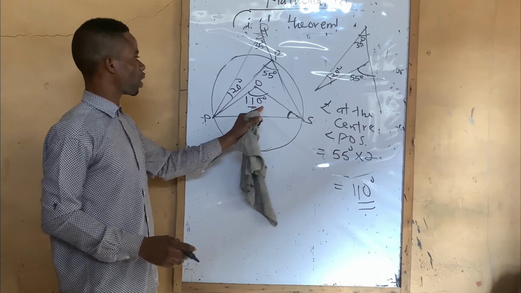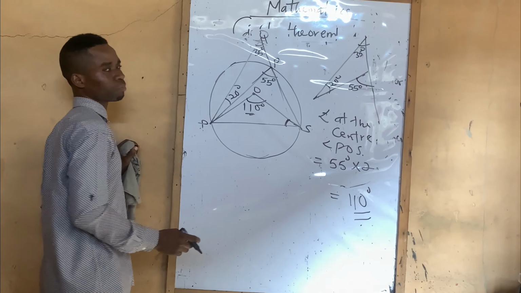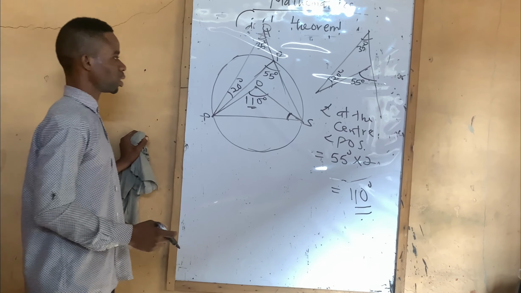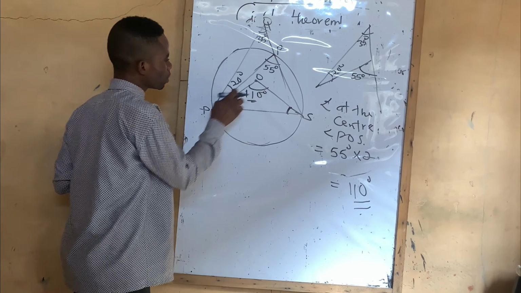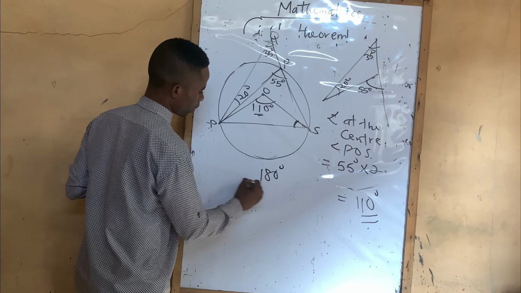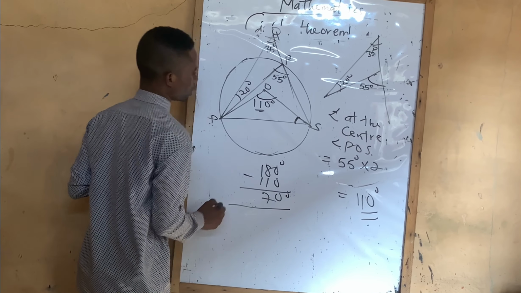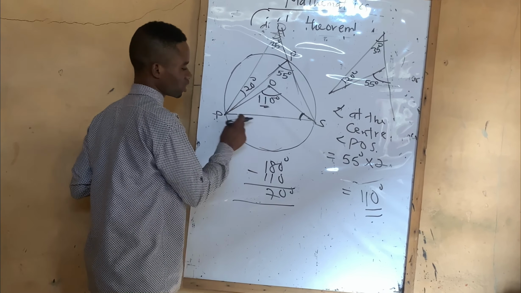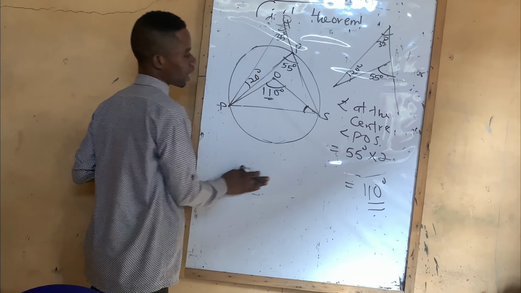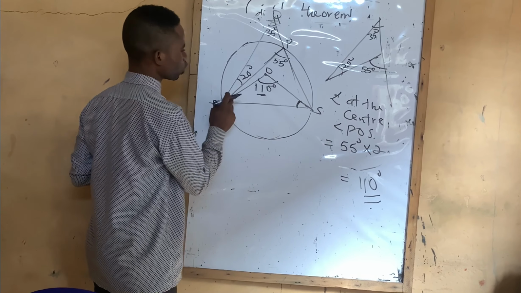Now, if this is 110 degrees, do not forget this triangle is an isosceles triangle, and the sum of angles in a triangle is 180. 180 degrees minus 110 is 70 degrees. So what is remaining for these two is 70 degrees. Because it is an isosceles triangle, the base angles are equal, so what is here must also be here.